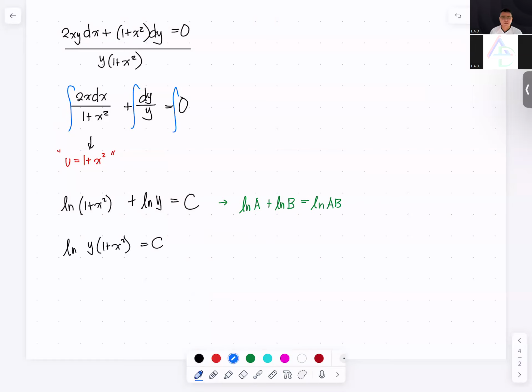Now, to eliminate the natural logarithm, we just have to raise both sides using the base e. So the natural log will cancel, and this results to y times 1 plus x squared equal to e raised to c. But then again, e raised to c is an arbitrary constant. So this becomes y times 1 plus x squared equal to the arbitrary constant.